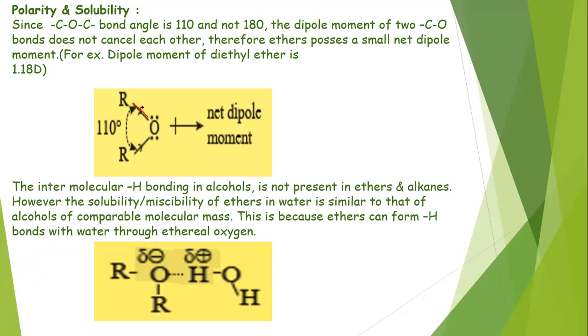So this dipole moment of RO bond, and for this RO bond the dipole moment, and this is net dipole moment in this direction. So net dipole moment is 1.18 Debye unit.